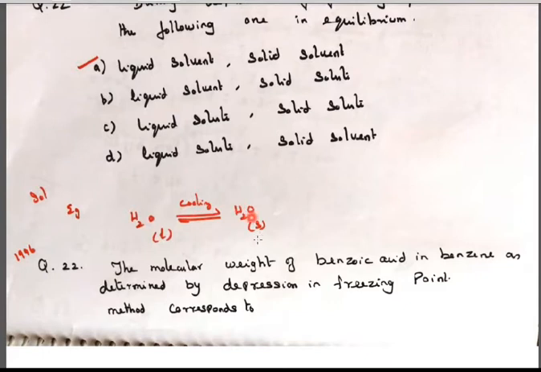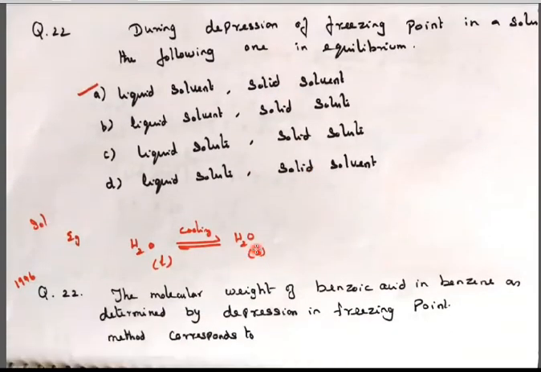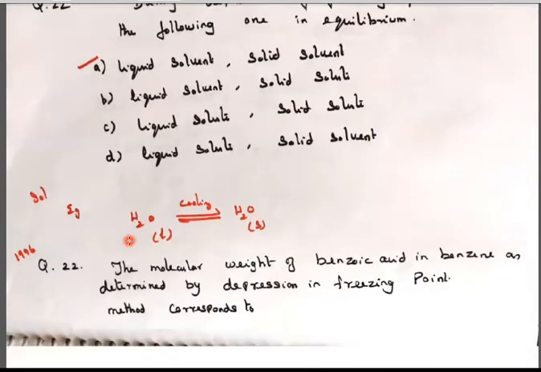On cooling the water, we will get ice. So ice is nothing but solid H2O. Liquid and solid are both solvent. Water solvent is the correct answer at equilibrium. If you melt this ice, you will get liquid water. That is called equilibrium, both forward and backward reaction.